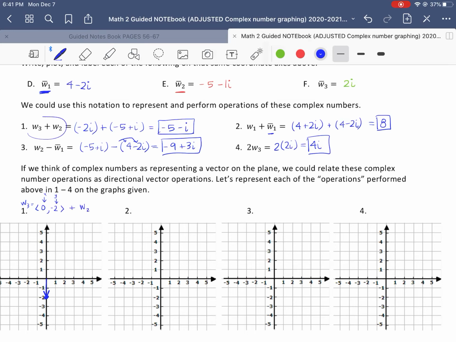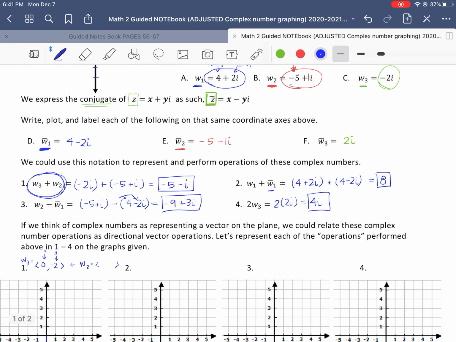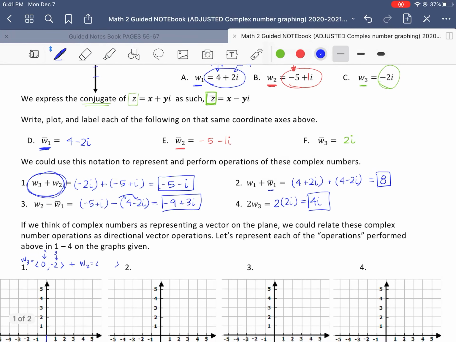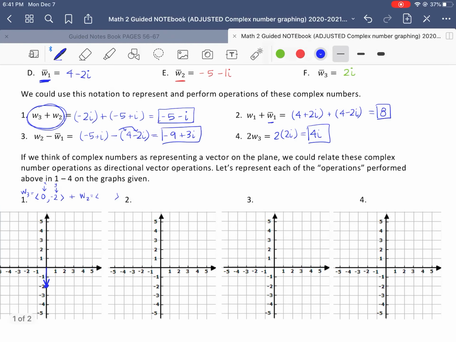If I want to add W2, this is all coming from right here, number 1. W2 is equal to, if we look up here once again, the one in red, negative 5 plus i. So negative 5 and 1 in the vertical direction. If we go negative 5 and up 1, that puts us clear over here.